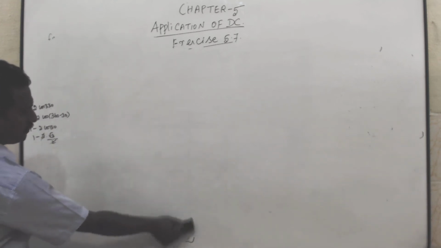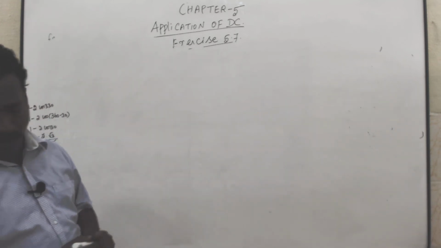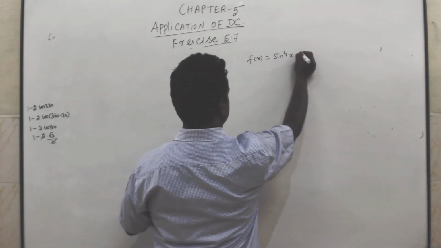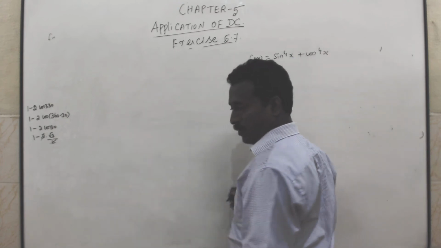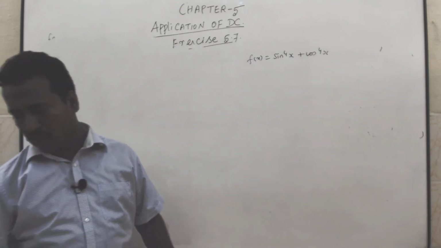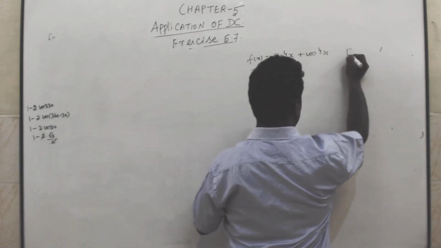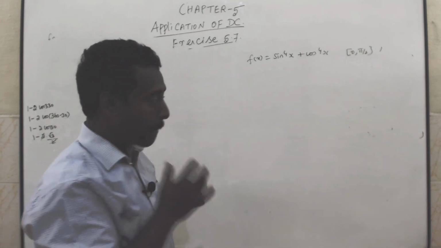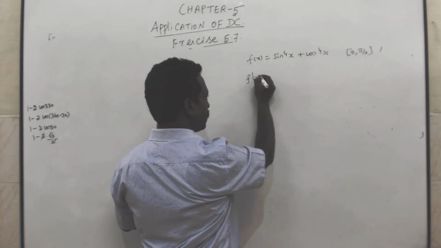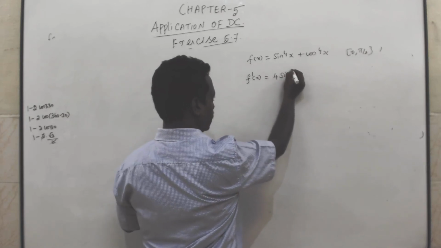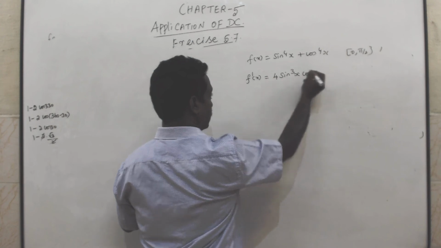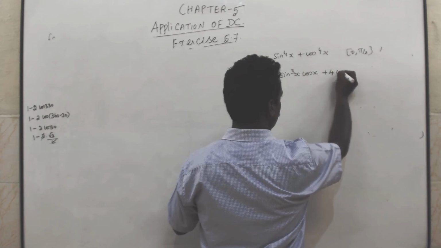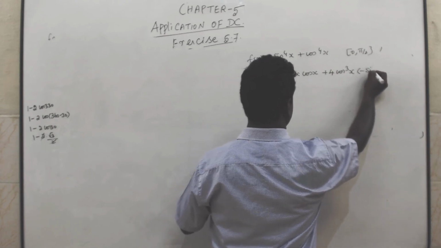The last question: f of x is equal to sin power 4 x plus cos power 4 x. What is the interval given? 0 comma pi by 2. First quadrant only. Listen carefully. What is the first step? F dash of x equals 4 sin cube x, sin x differentiation is cos x, plus 4 cos cube x, cos x differentiation is minus sin x.